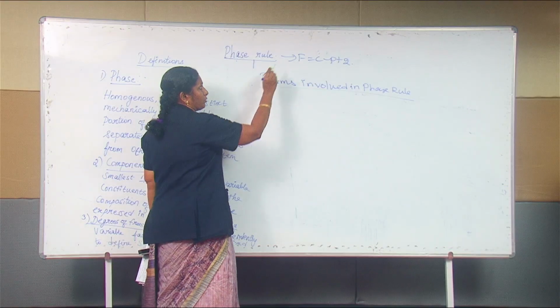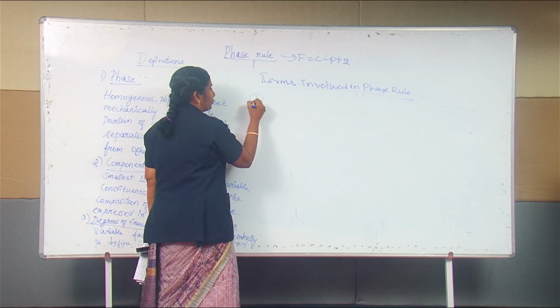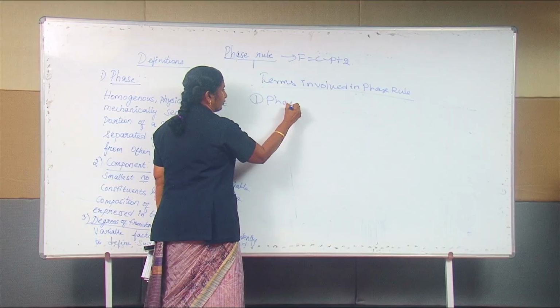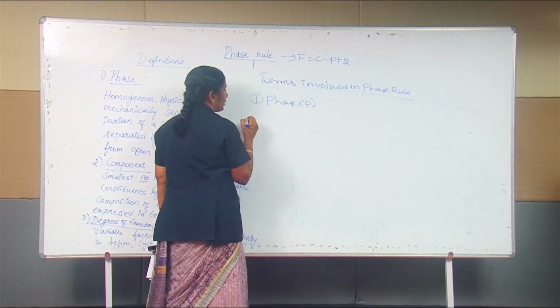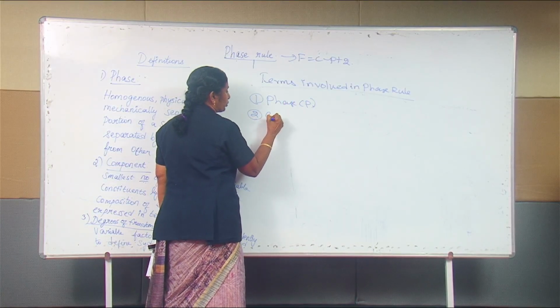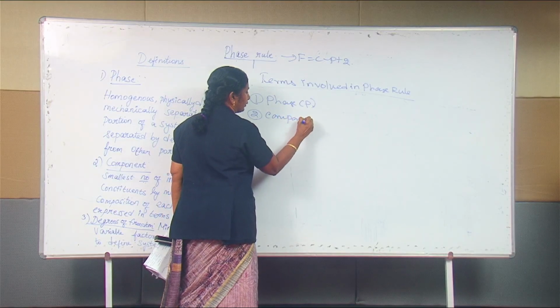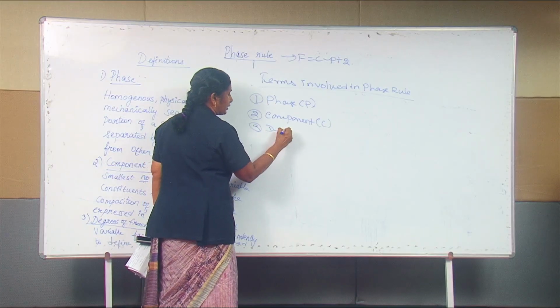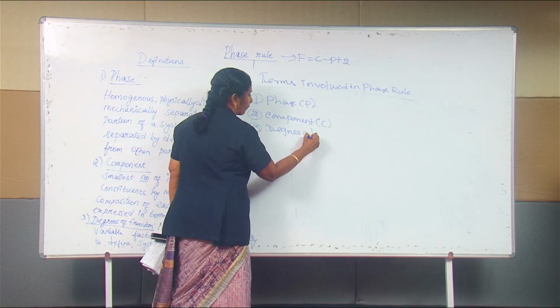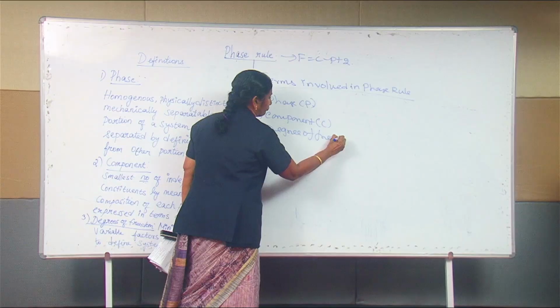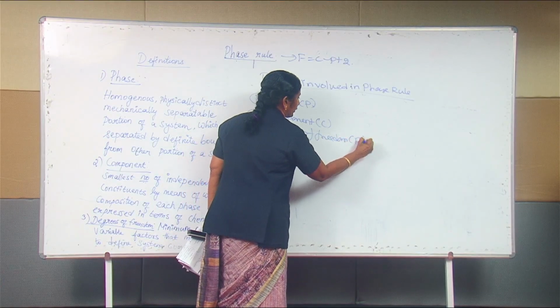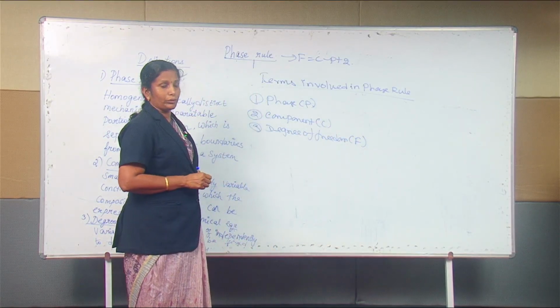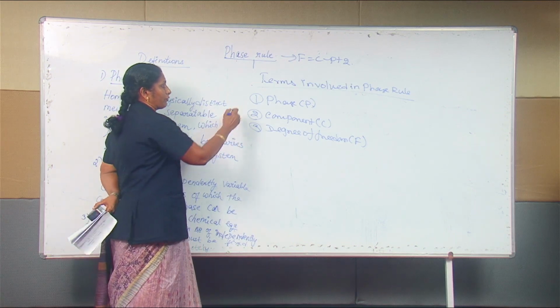There are 3 terms involved in phase rule. One is phase, denoted as P, another one is component, denoted as C, and the third one is degree of freedom, denoted as capital F. Okay, now we'll discuss one by one. First one is phase.